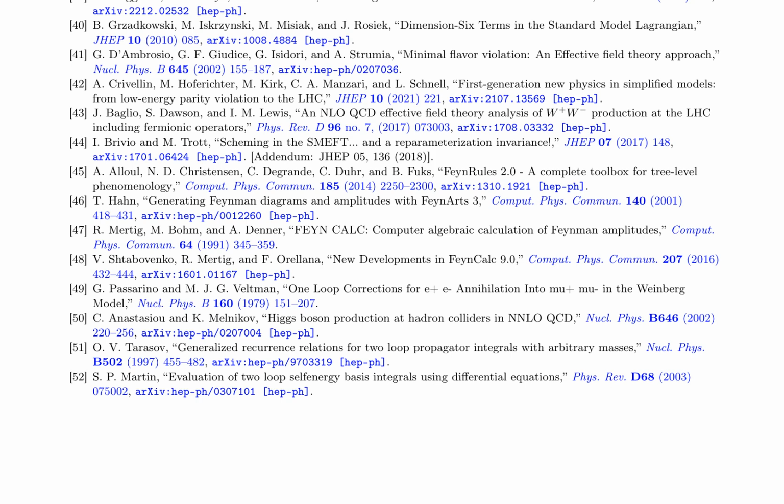The paper presents a comprehensive list of references, including works on the Cabibbo angle anomaly, minimal flavor violation, and electroweak precision observables. It also discusses the NLO QCD corrections for Higgs boson production at hadron colliders and the evaluation of two-loop self-energy basis integrals using differential equations. The study concludes by emphasizing the need for further research, particularly in the context of the MF-SMEFT and the role of flavor in new physics models.